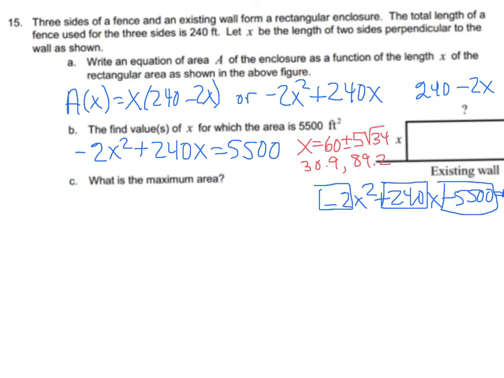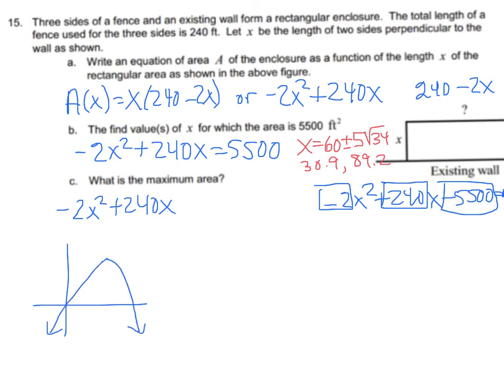For the maximum, again, going back to this negative 2x squared plus 240x, this is a parabola. So graphically, if you think about it, it looks something like this. It takes on an area of 0 if x is 0, and then gets bigger and then eventually gets smaller. You're really just being asked to find, for what value of x does the maximum occur, and then evaluate for that.